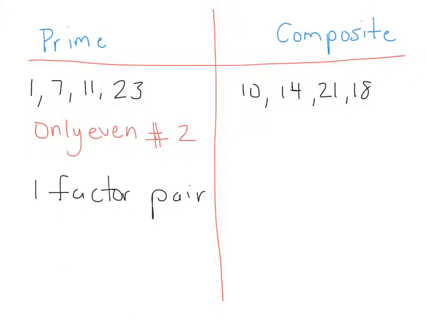Now, looking at composite numbers, we see that these numbers are even and odd. I can tell you a trick here. Any even number outside of 2 will always be composite. That's kind of a rule of thumb.